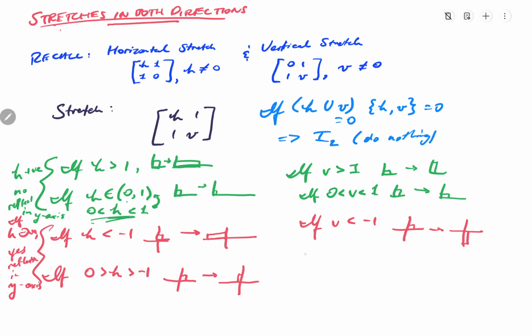So if v is part of the set between -1 and 0, then our square would get reflected in the x-axis, so reflected vertically. However, it will still be squashed down a bit. So let's make the original one bigger.